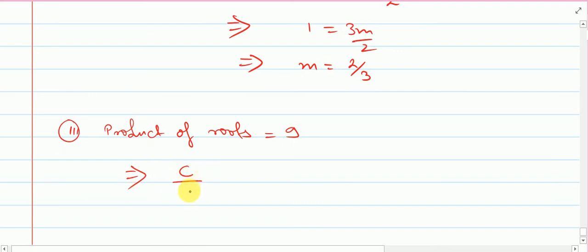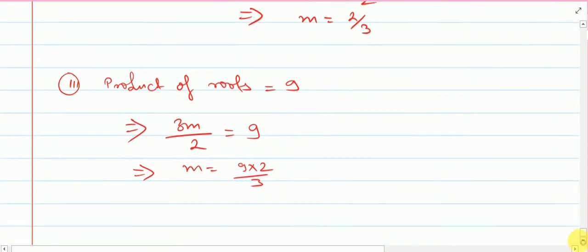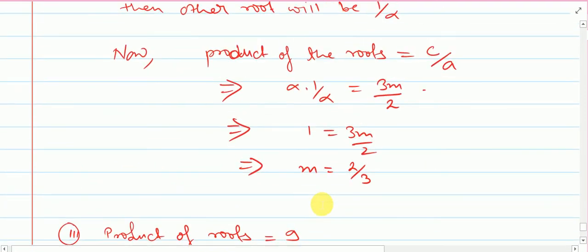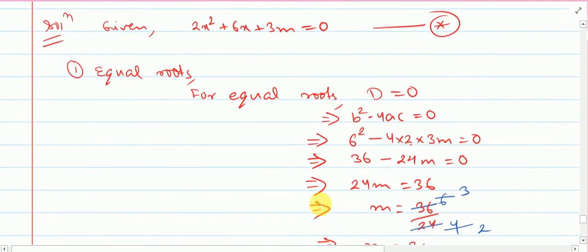So here c is 3m and a is 2. So we are getting 3m by 2 equal to 9. So m will be 9 into 2 by 3. So 3 threes are 9. So m equals 3 into 2, which implies m equals 6. So we got values for m for all these 3 cases.